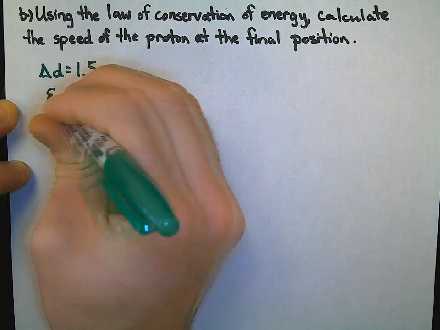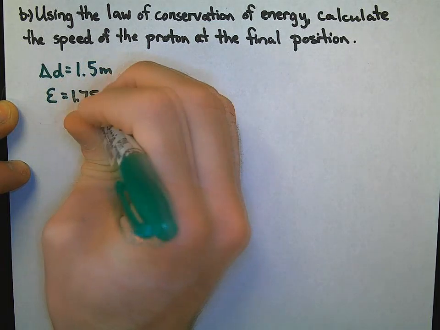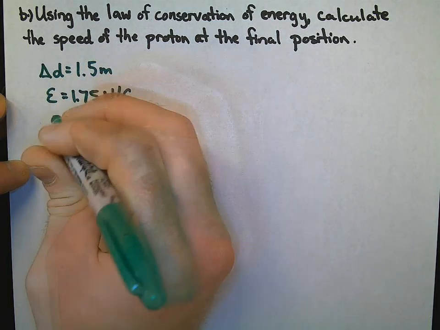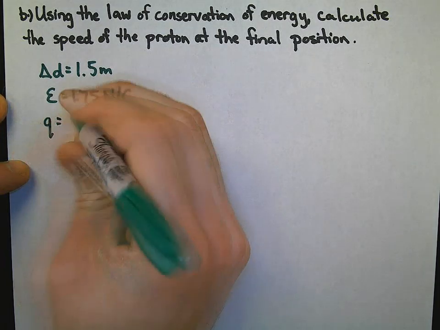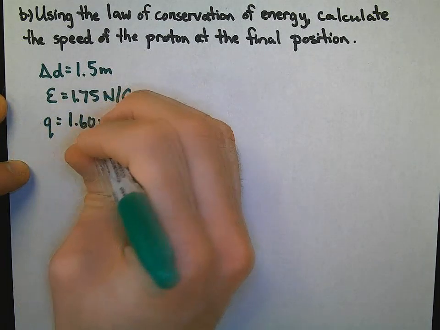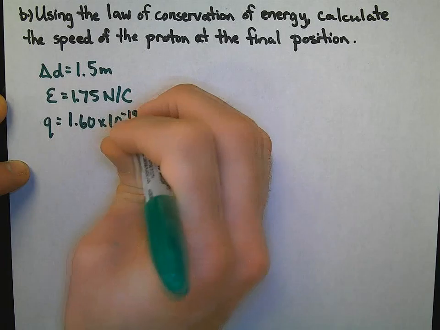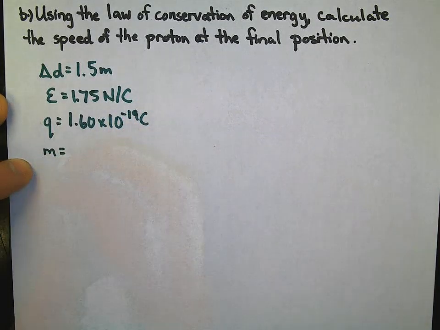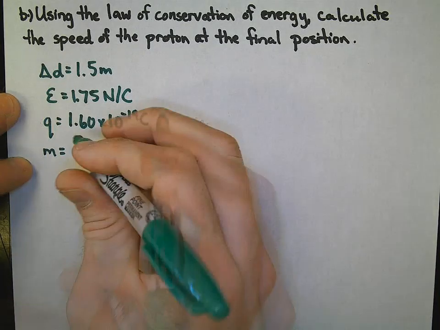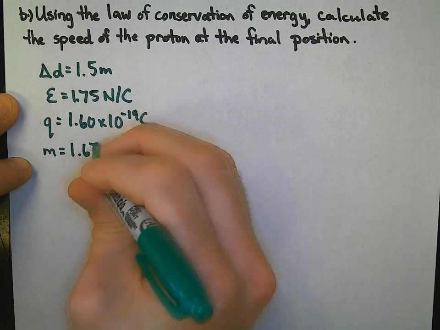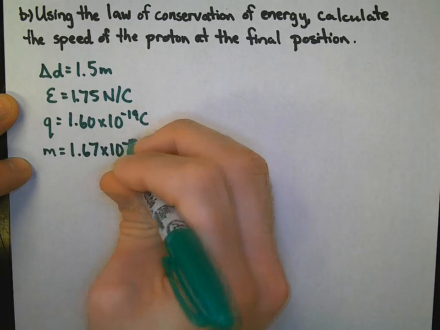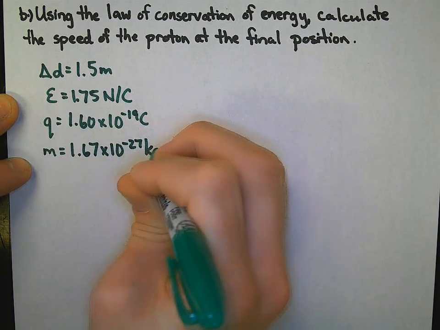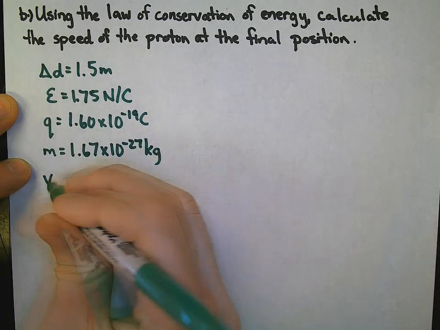We have our field strength as 1.75 newtons per coulomb. We have the charge of 1.60 times 10 to the negative 19 coulombs. We do need the mass in this case because we're going to use conservation of energy. And the mass of a proton is 1.67 times 10 to the negative 27 kilograms, and we need to figure out the speed.